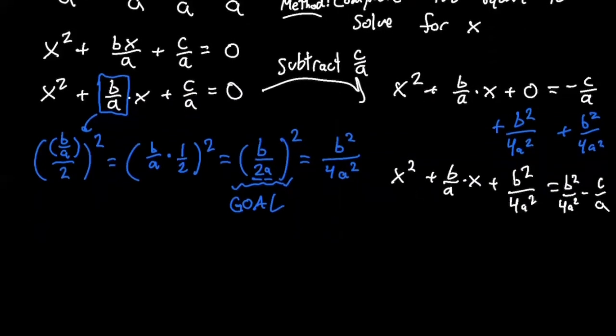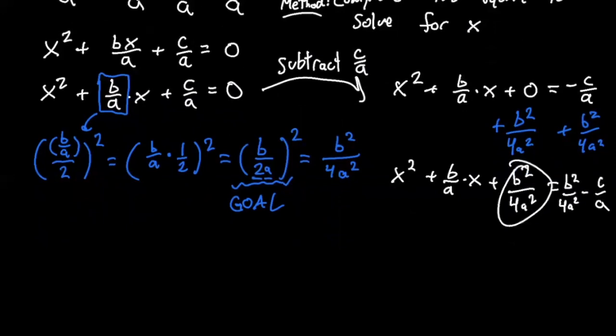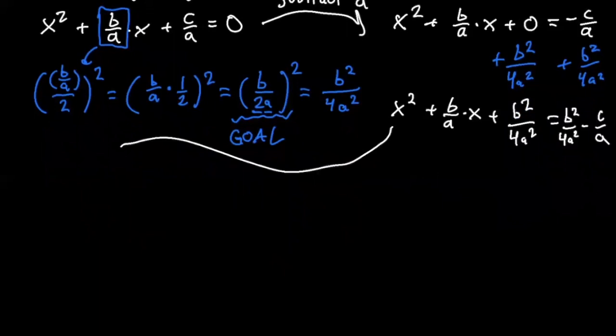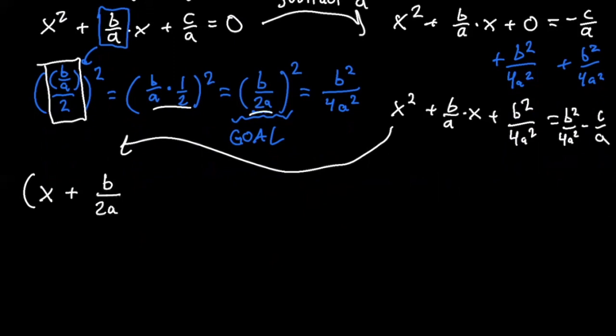This helps us out because we've now reached our goal for the constants place. The constants place is b squared over 4a squared, which is equal to our goal. That's helpful when completing the square because we can now rewrite the left side as a perfect square, and the constant in our perfect square is our middle coefficient divided by 2, which as we saw when we simplified is b over 2a.